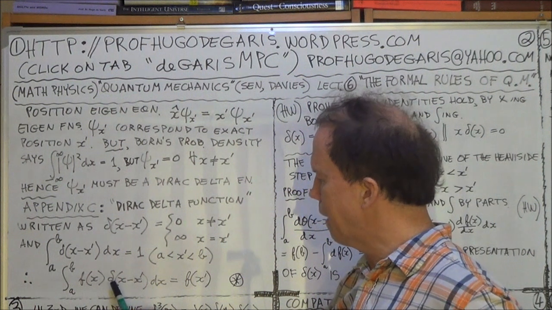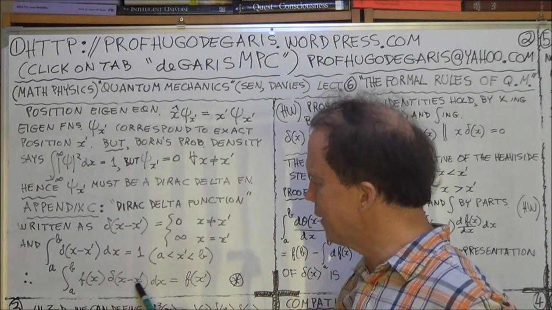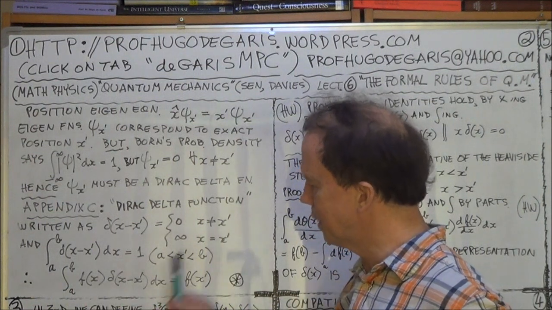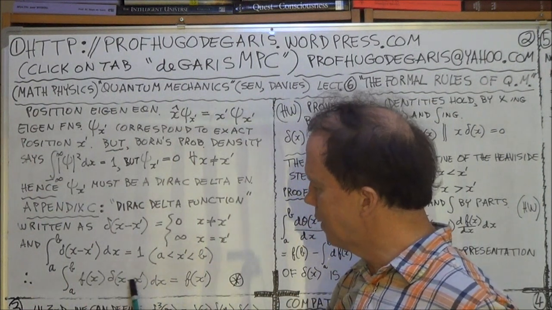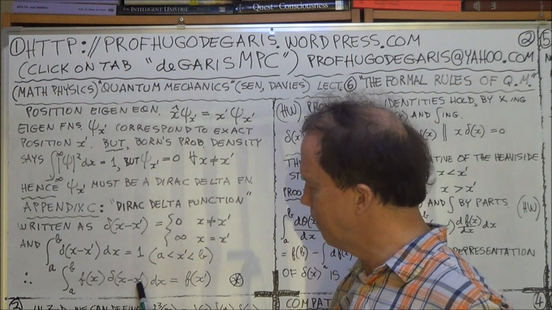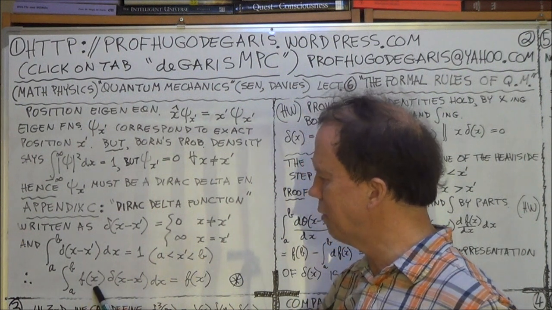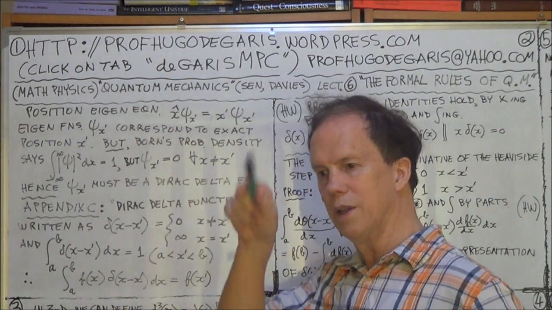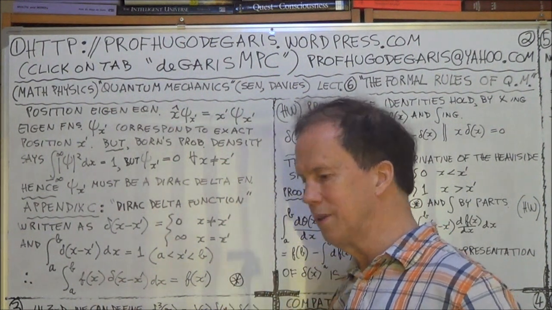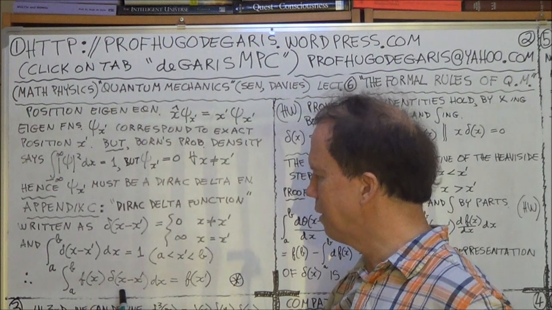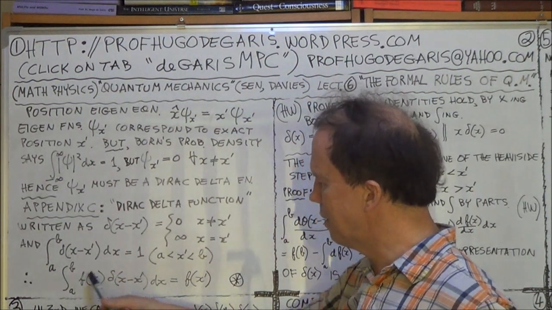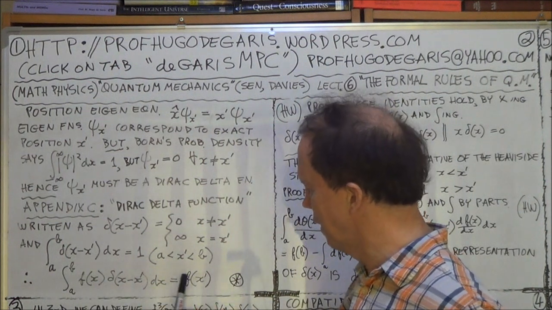But this delta here is 0 for all these rectangles except where x equals x dashed. So then the height here would be f of x dashed, and that's the only rectangle that counts. I hope it's intuitively obvious to you that this integral is just f of x dashed.